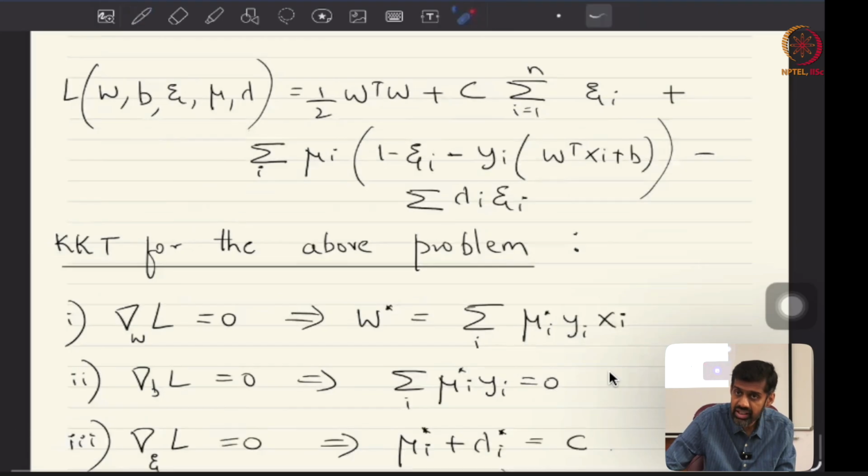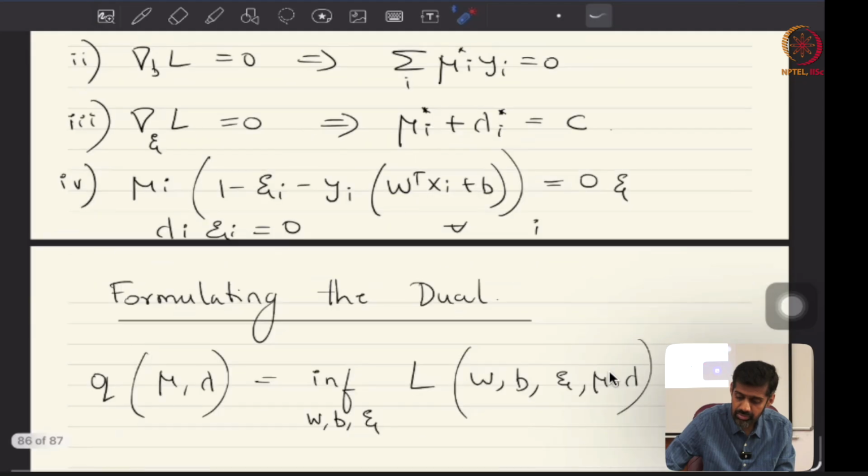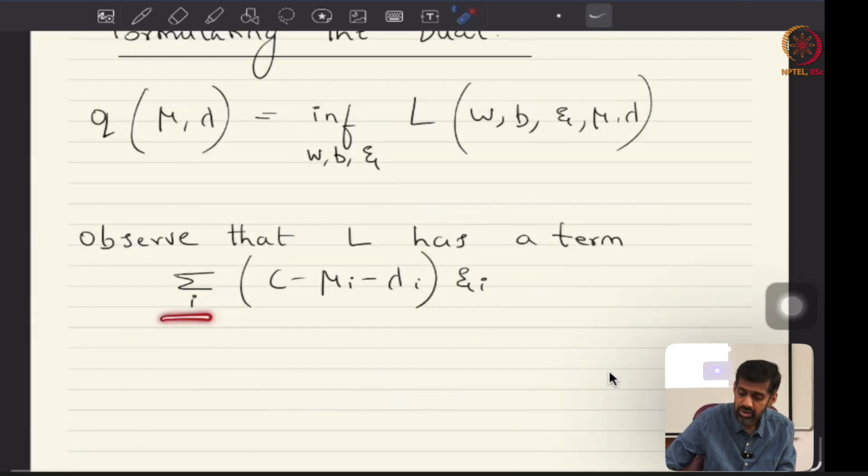There is a C times the sum of xi_i here, and there is a lambda times xi_i here, the sum is over the same i, and there is a mu times xi_i term here, the sum is over i again. If you combine all these terms, you will have a sum of xi_i multiplied by C minus mu_i minus lambda_i. So this term is there.